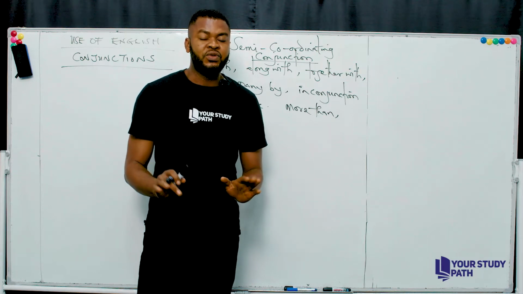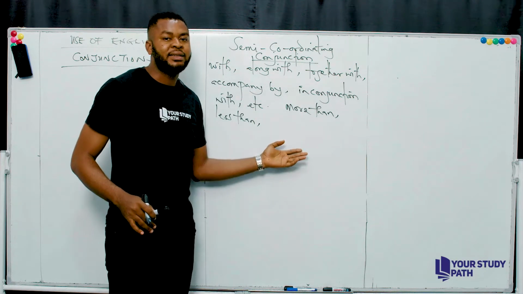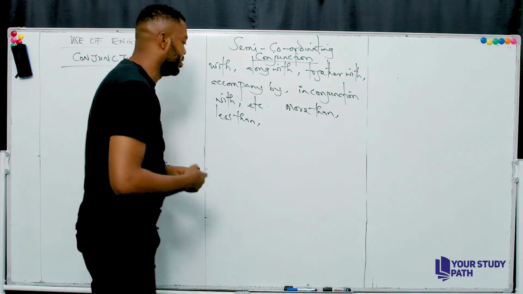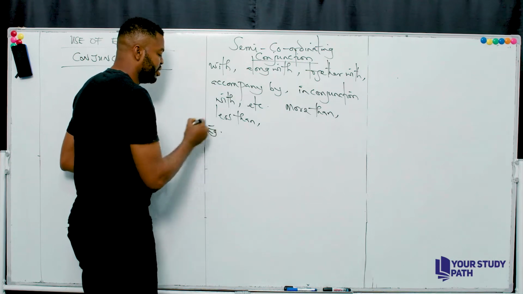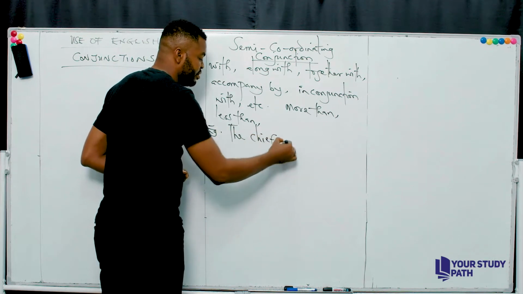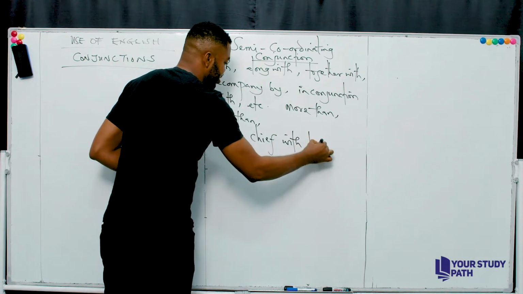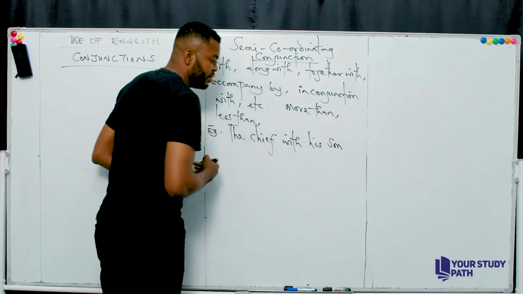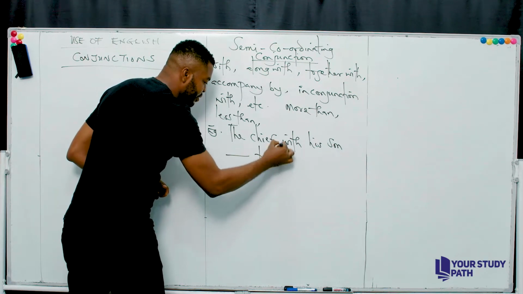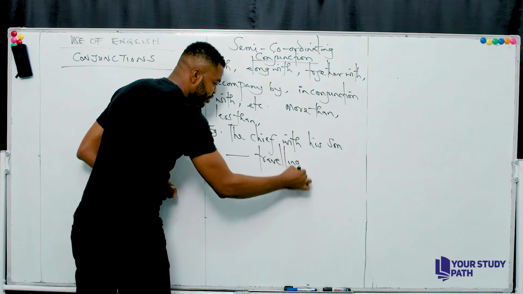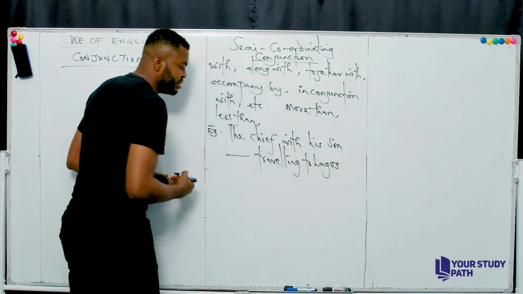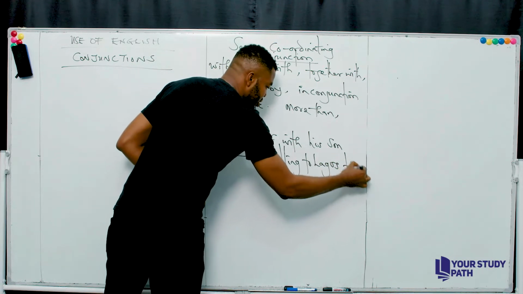Is that taken? So that's where I stopped in our last class, and I was able to give you examples with that. Take a look at this now. E.g., the chief with his sons, all right, dash traveling to Lagos today.